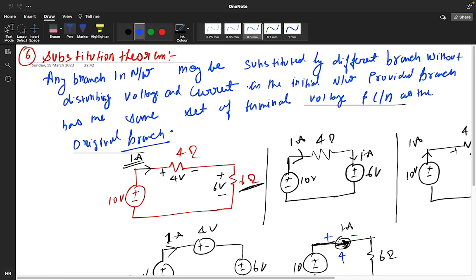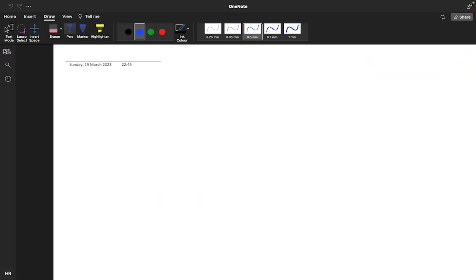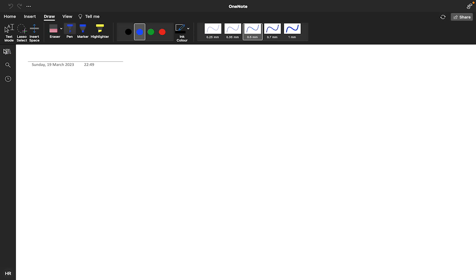Now the next theorem is the compensation theorem.